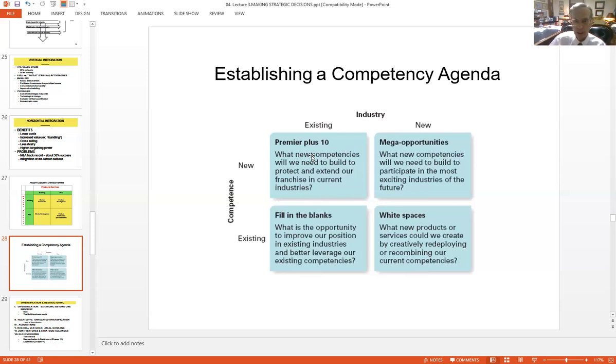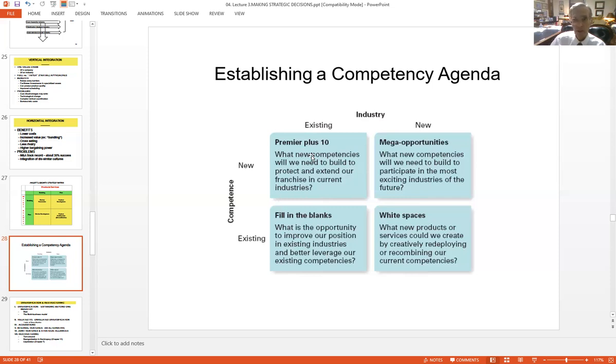Let me ask you a question. On this matrix, where do you find the lowest level of risk? I hope you said fill in the blanks, existing capabilities in the existing industry. Where is the risk the highest?